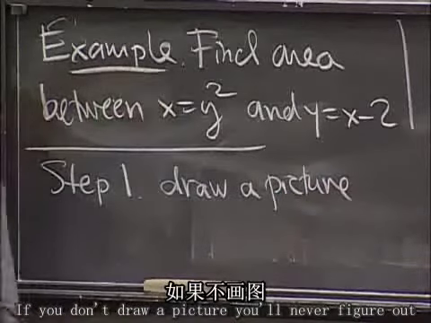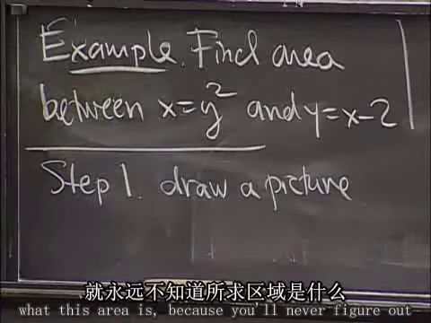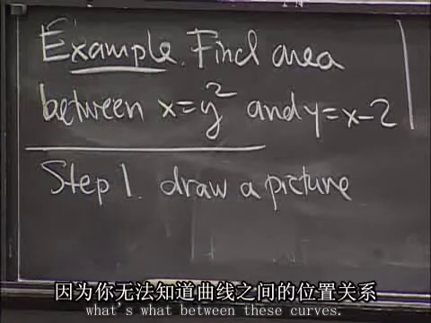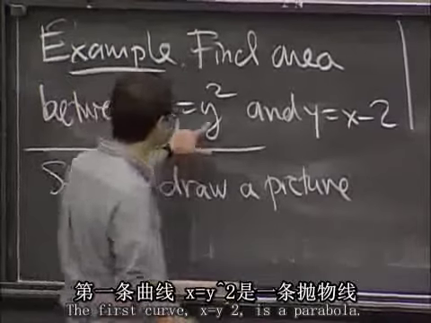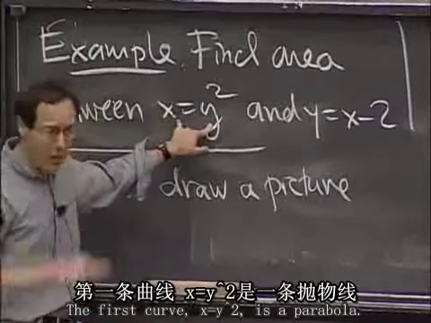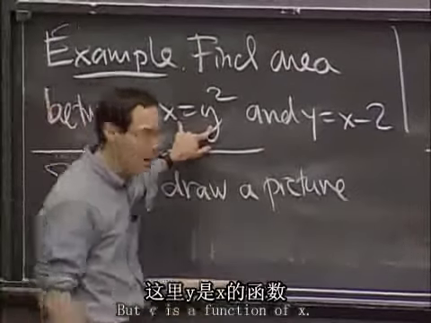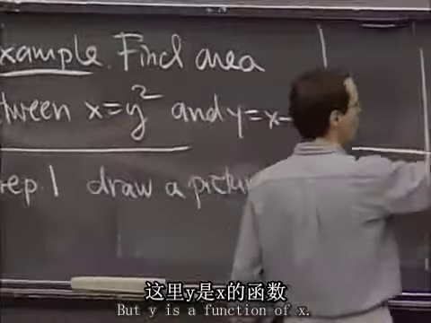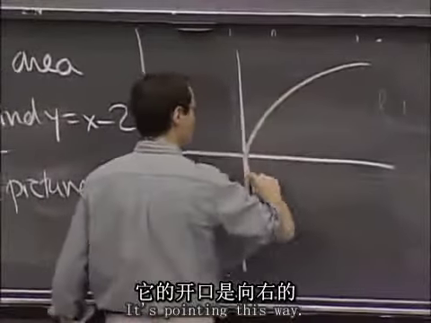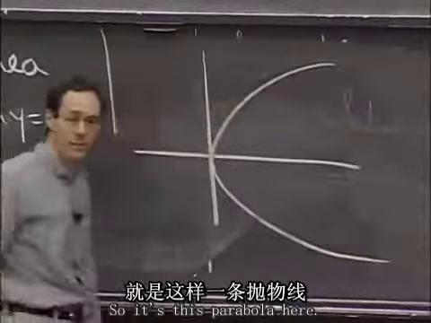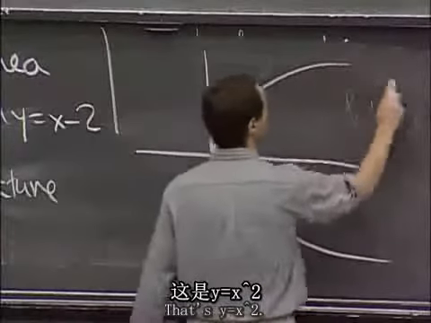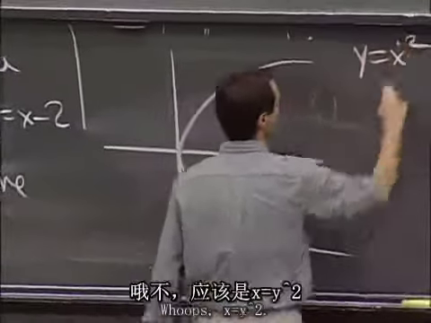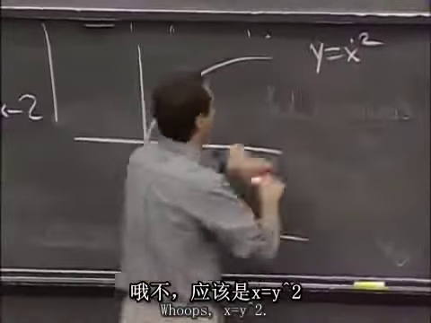If you don't draw a picture, you'll never figure out what this area is, because you'll never figure out what's what between these curves. The first curve, x equals y squared, is a parabola, but it's x as a function of y. It's pointing this way. So it's this parabola here. That's y equals x squared. Whoops, x equals y squared.